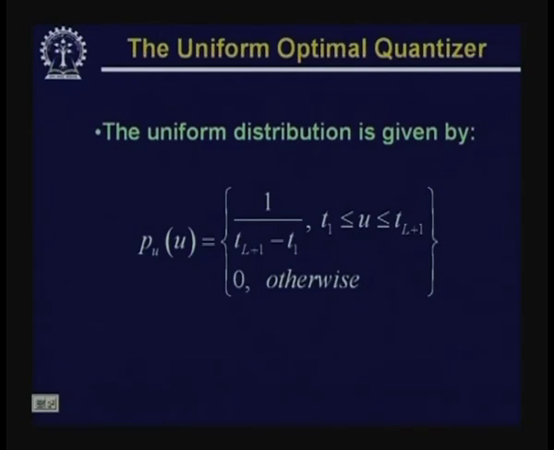So, in practice you assume a uniform probability distribution, which is given by P_u(u) equal to 1 upon T_{L+1} minus T_1, where u lies between T_1 and T_{L+1}, and P_u(u) equal to 0 when u is outside this region. So, this is the uniform probability distribution of the input signal u.